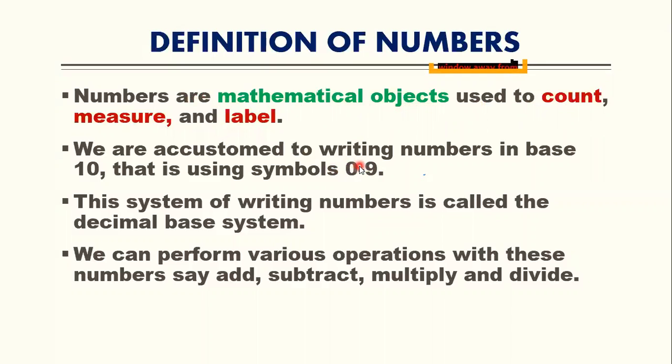That is what we call the decimal-based system of writing numbers. We have also performed various operations using numbers 1 to 9, that is addition, subtraction, multiplying, and division of numbers.